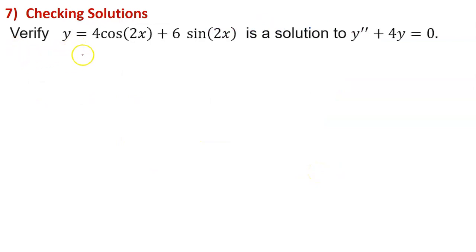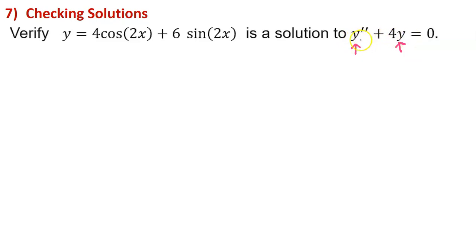Number 7. Verify y equals 4 cosine 2x plus 6 sine 2x is a solution to y double prime plus 4y equals 0. To verify that this is a solution, we need to substitute an expression for y, which we have, and also an expression for y double prime, which we don't have yet.